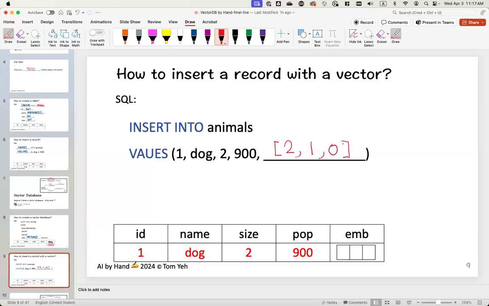And 2, 1, 0 is going to come from some other mechanism I'm going to cover when we talk about word embedding later. Once we have this command, you submit it to your SQL database, our vector database, and you get 2, 1, 0 inserted right here. You can keep repeating this process for other animals, for cat, for cow, for lion, elephant, and so on, following a similar syntax.